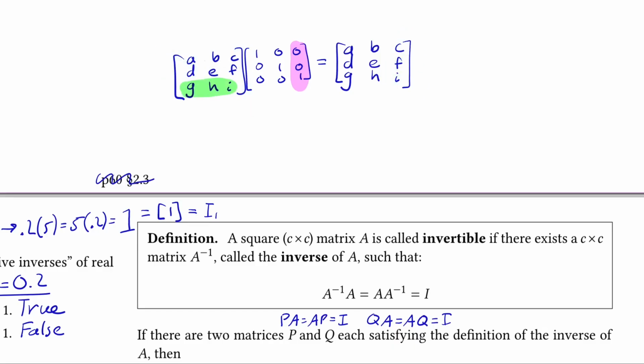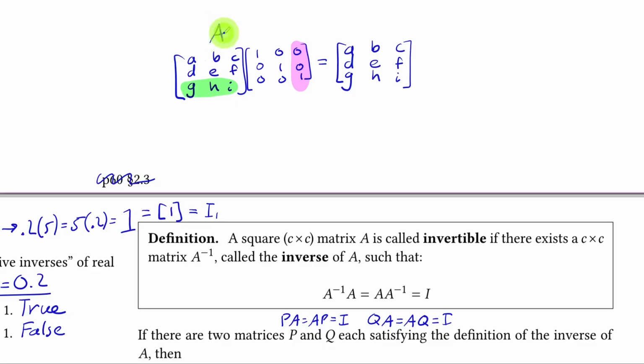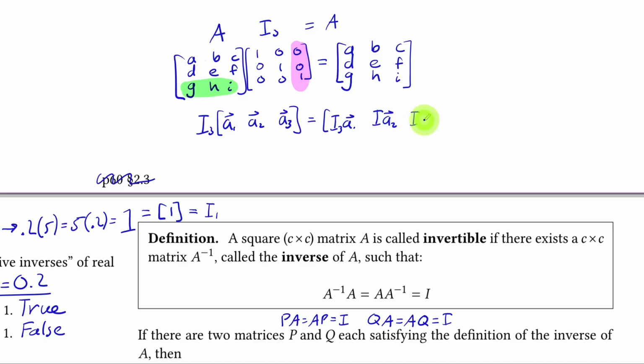Just using the row column rule, you can see that any old 3 by 3 matrix A times I3 gives you A. And if you do I3 times A, whatever the columns of A are, the definition of this is I times the first column and I times the second column of A, and so on.